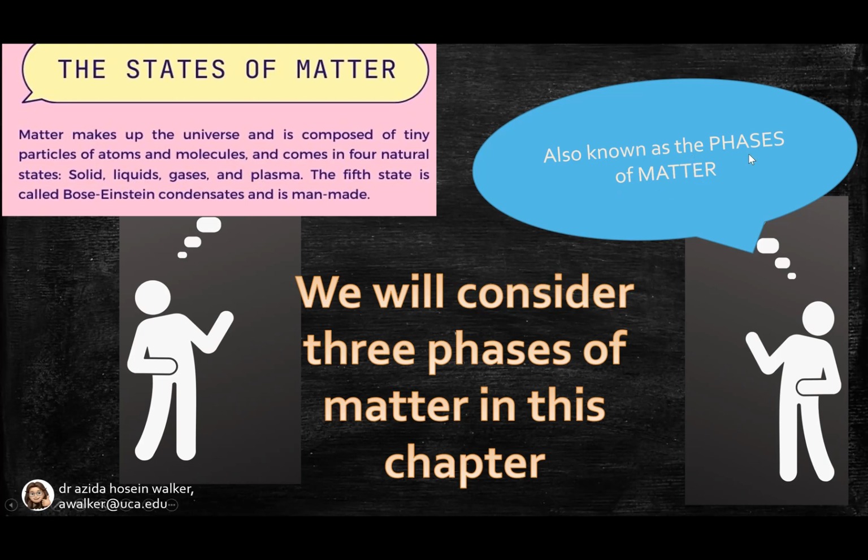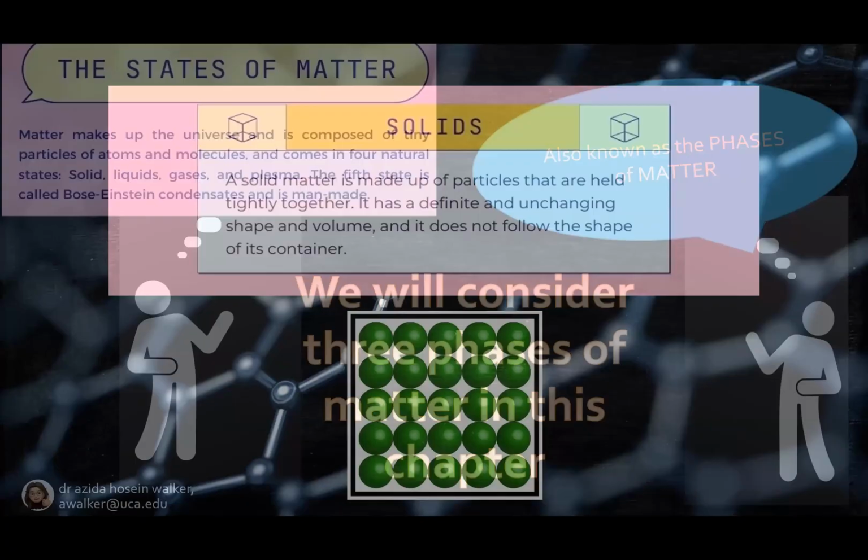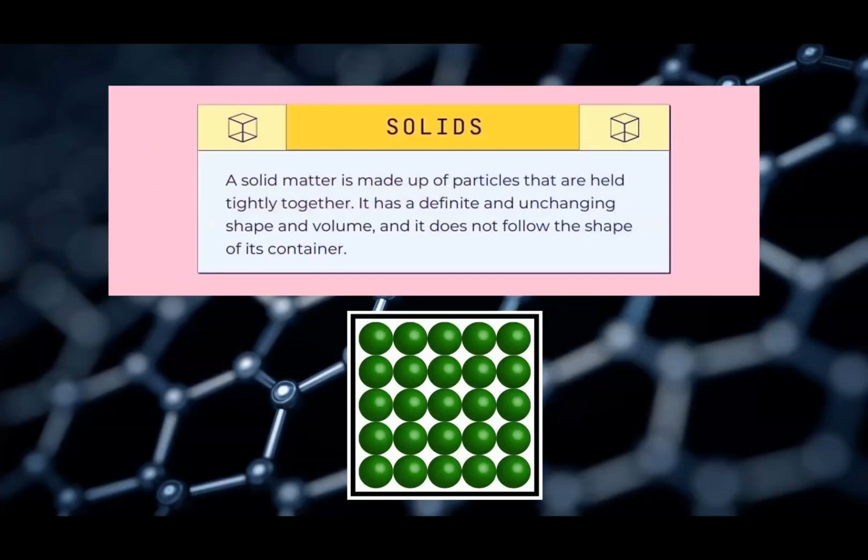Another name for the states of matter is the phase, or the phases of matter. The first phase we will talk about is the solid phase. A solid matter is made up of particles that are held tightly together.